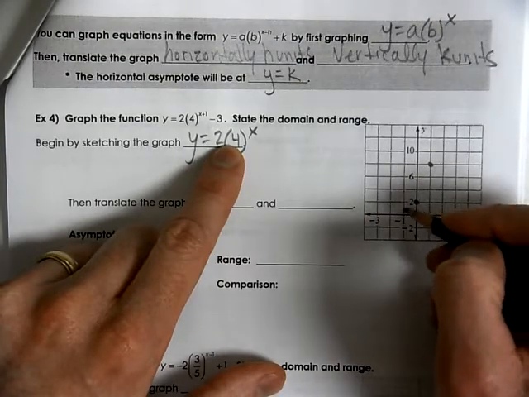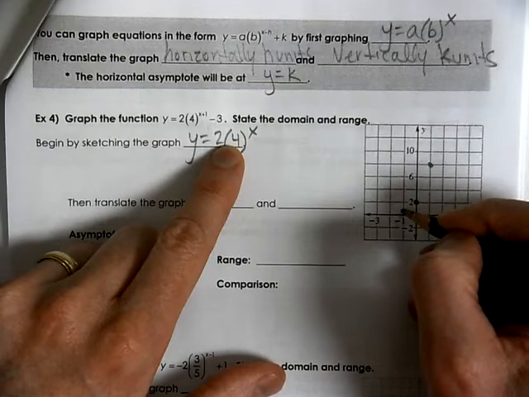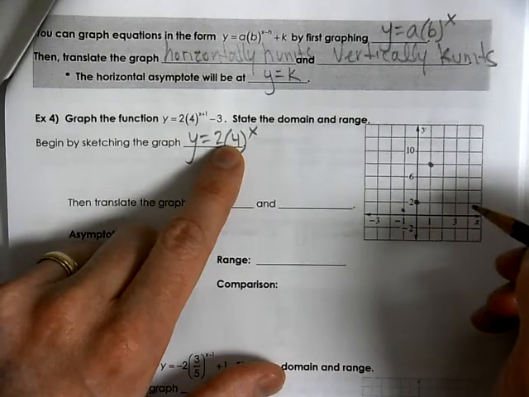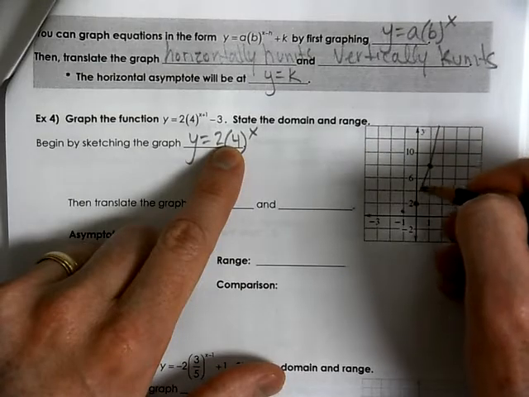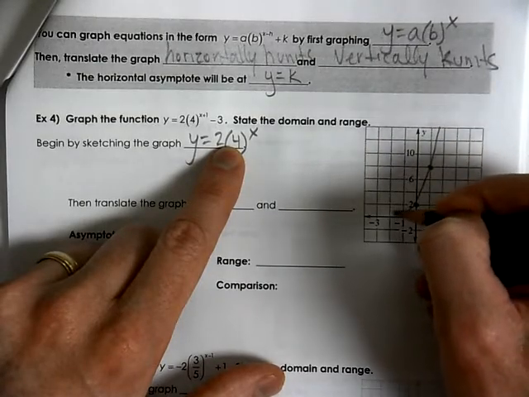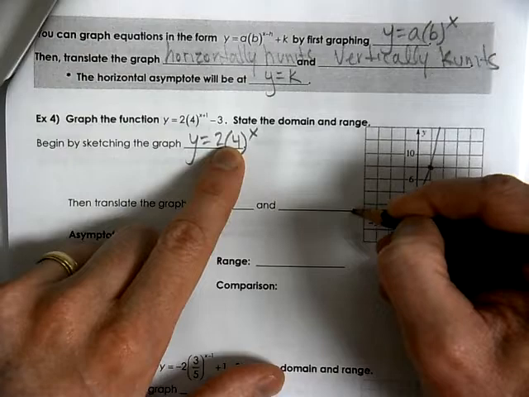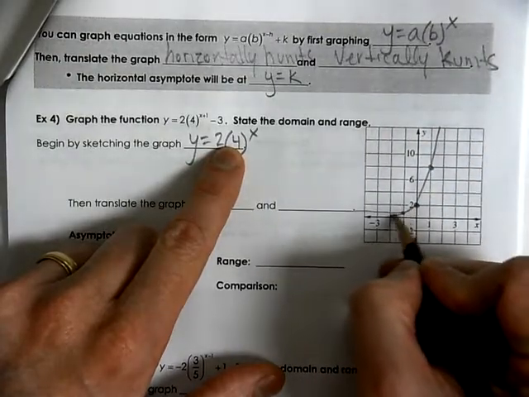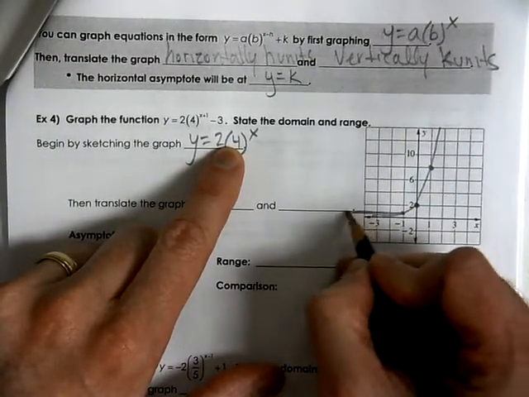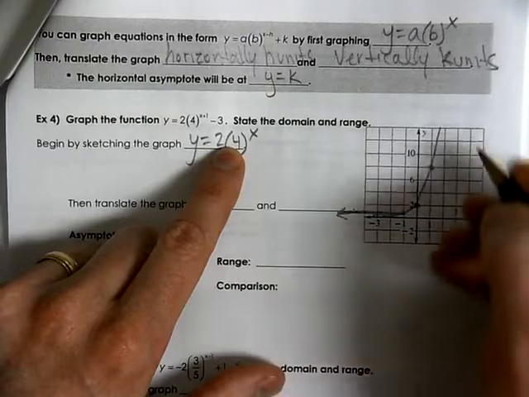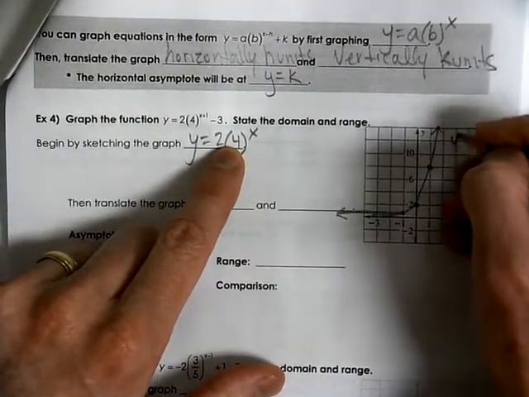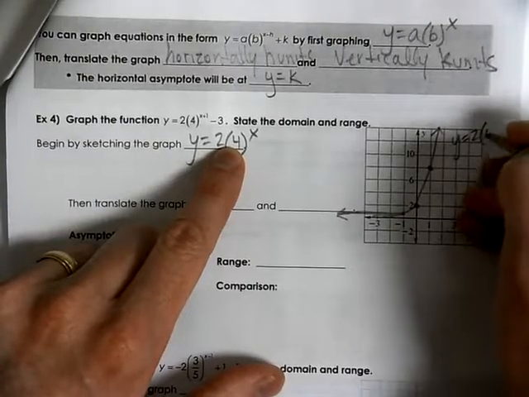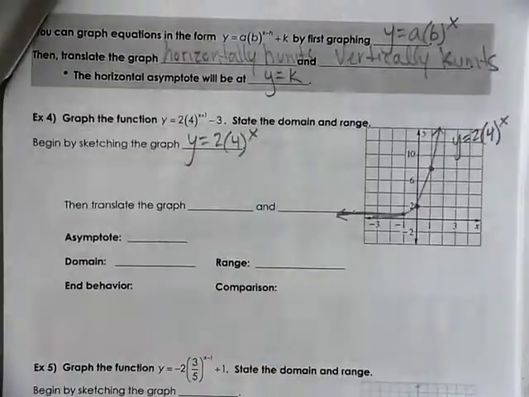So then we'd come down, it would be 1/4 of that, which is at 1/2. So you can see that your graph is coming downwards and approaching the x-axis. So that's y equals 2 times 4 to the x power.